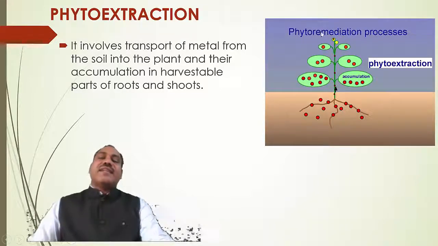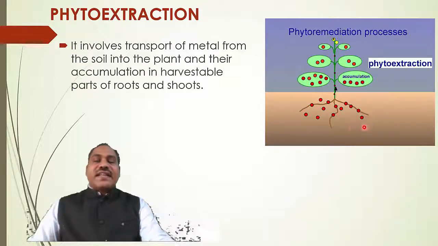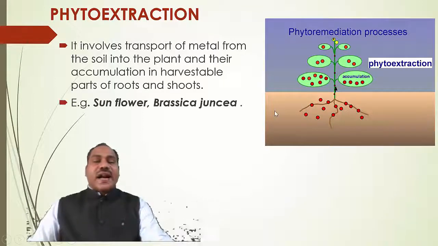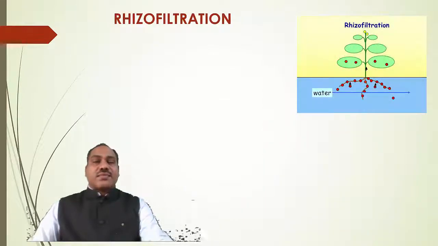After that, the plant is harvested, and by this process it can decrease the load of pollutants from the soil and water. Examples such as sunflower and Brassica mustard can be used for phytoextraction.